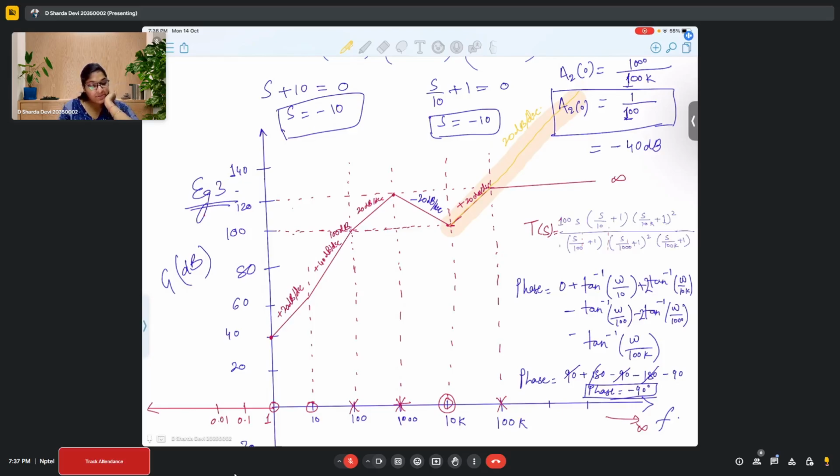We have observed that from the phase margin perspective, it is stable. From the phase margin formula, this particular system is stable. Practically speaking, it becomes unbounded. So is this stable or not?